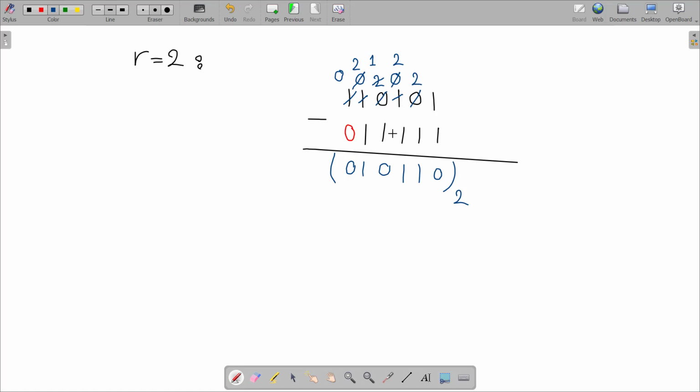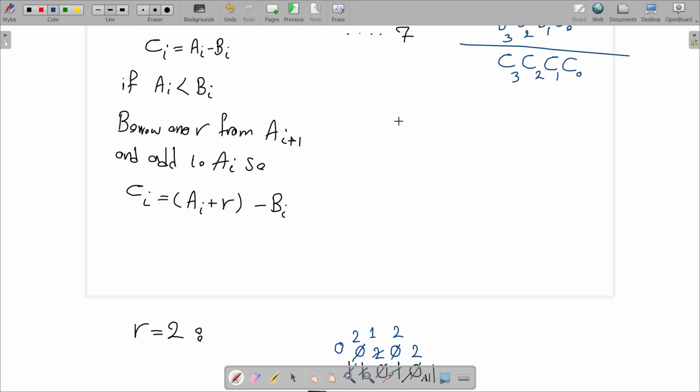So how can we do this subtraction without doing this process, without applying this algorithm that I have written here?